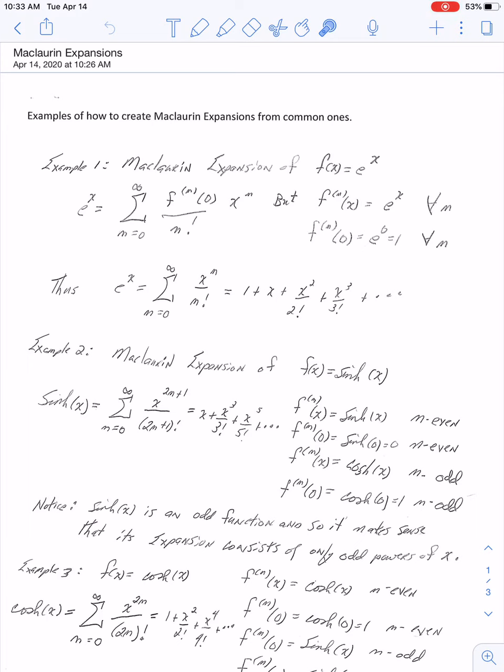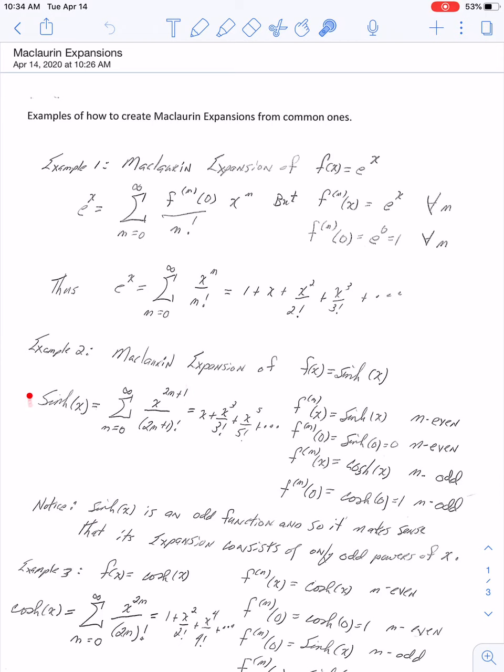When n is 2, I get 5. You get it? Now, all the even ones go away because sinh 0 is 0. And for the odd ones, f upper n just has a value of 1. So that's why I just have x to a certain power.